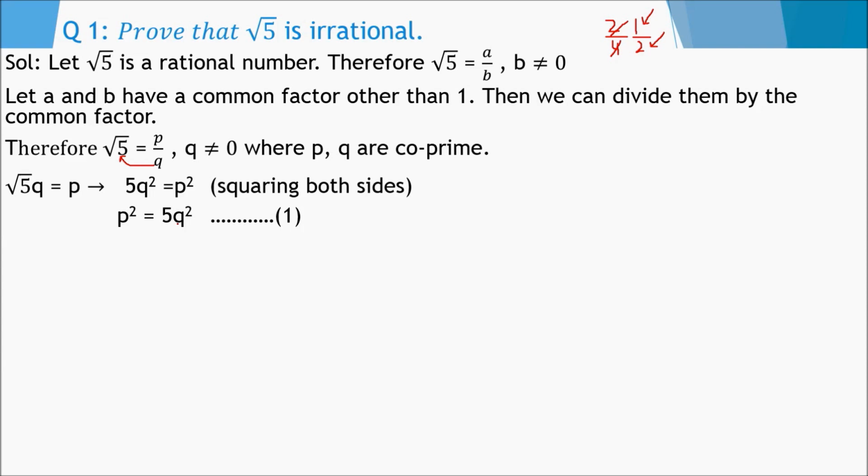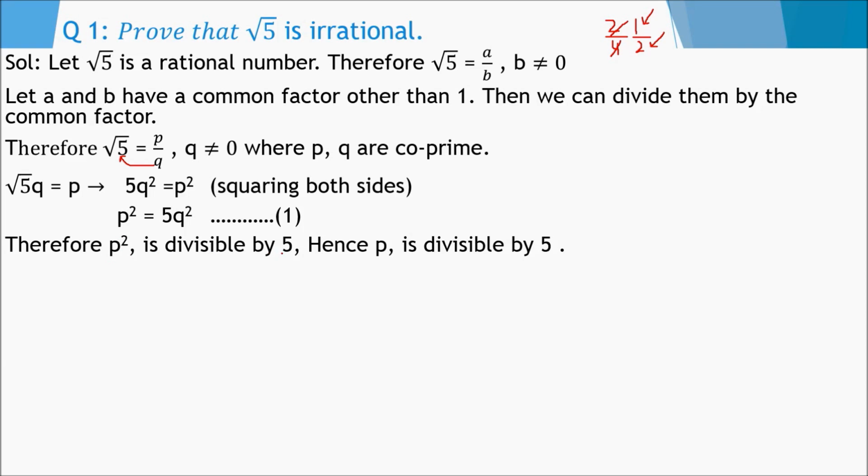We take it as equation number 1, and from this equation it is clear that p square is divisible by 5, because p square is equal to 5q square, it means it will be divisible by 5.